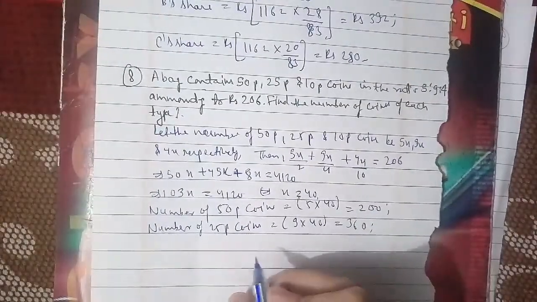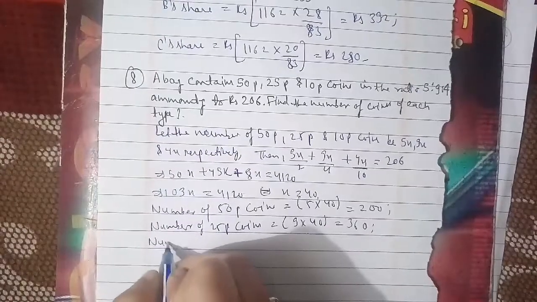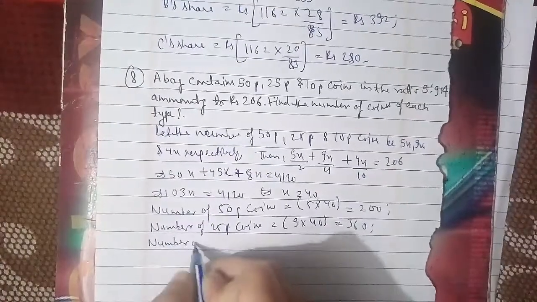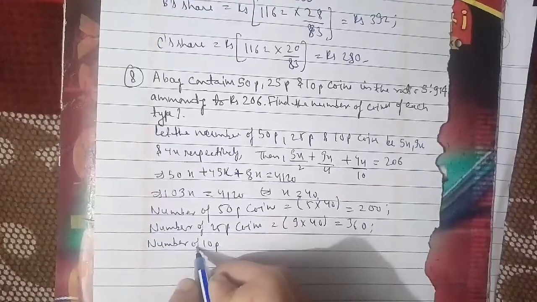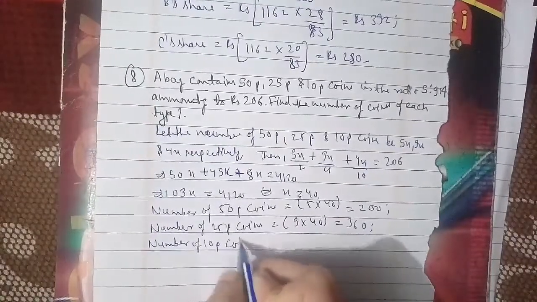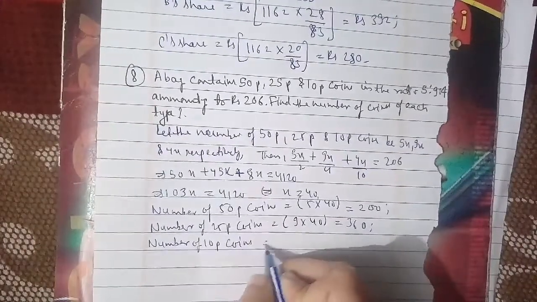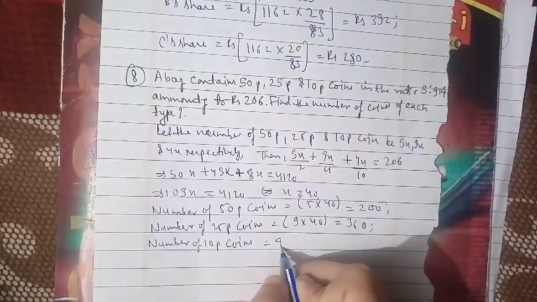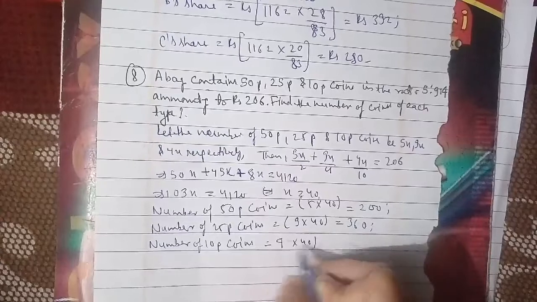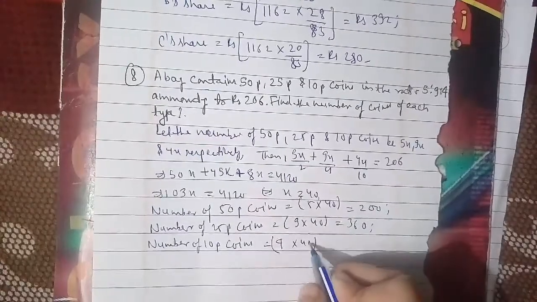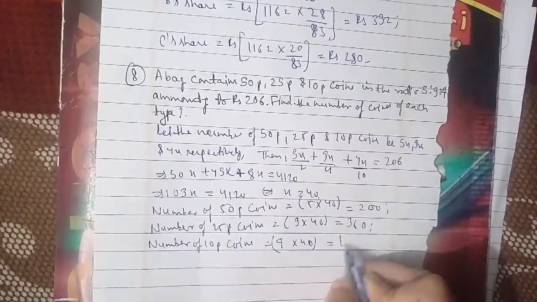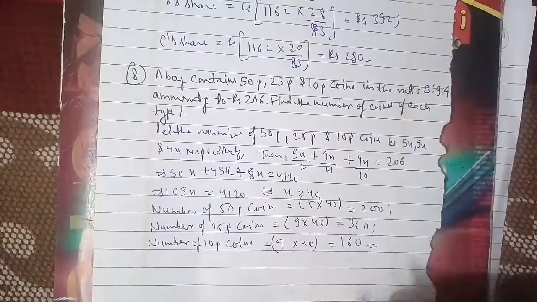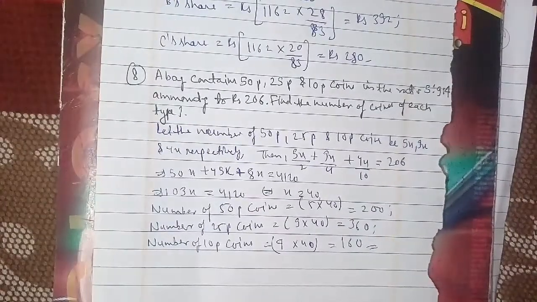Now the number of 10 paisa coins equals 4 into 40, that is 160.